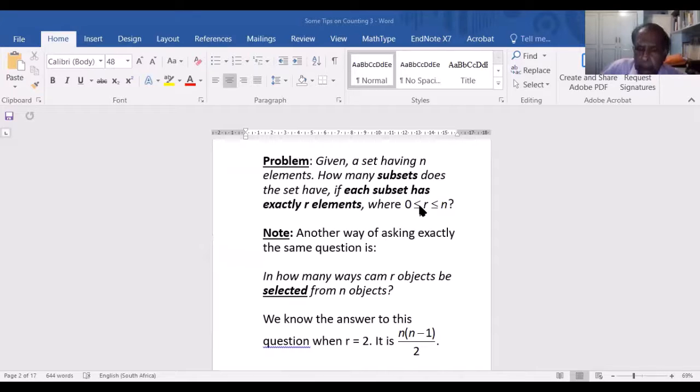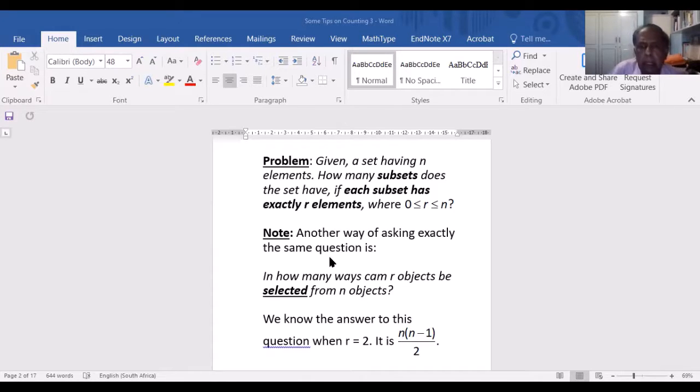Now you've got a subset of a set, so it will have fewer elements than the set. So here r is smaller than n, because n is the number of elements in the whole set. And you could have a subset having no elements, the so-called empty set. So we allow that. So how many subsets does the set have where each subset has r elements?